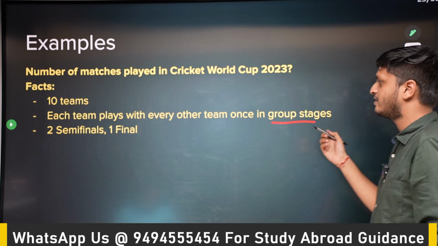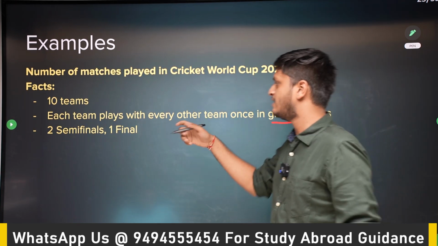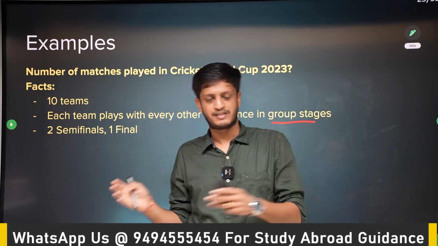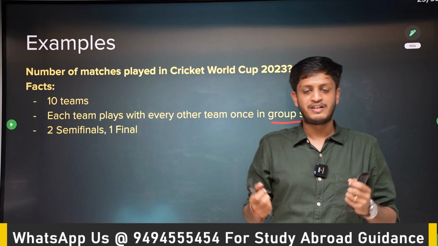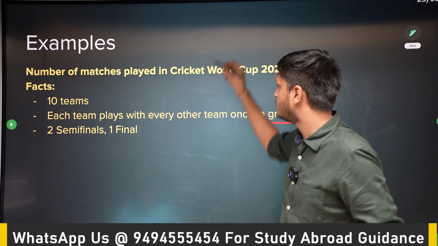In the league stage or group stage, how many matches will there be? Every team plays with each other team once. So we have to count the number of pairs. India plays Australia, India plays Pakistan, every pair possibility. In how many ways can I choose 2 teams out of 10 teams? 10 choose 2, 10C2.